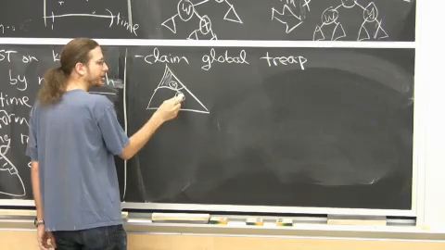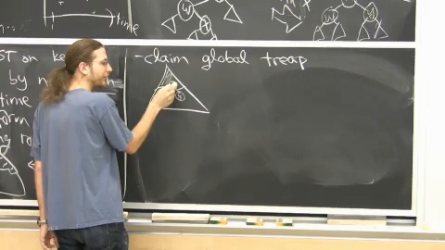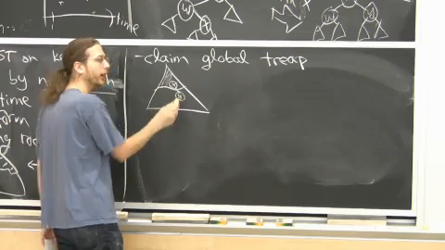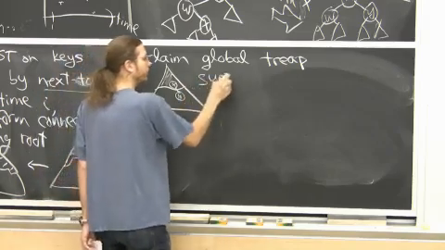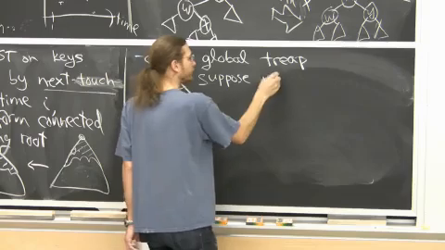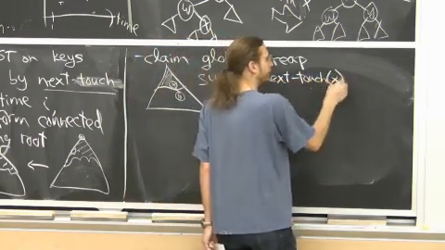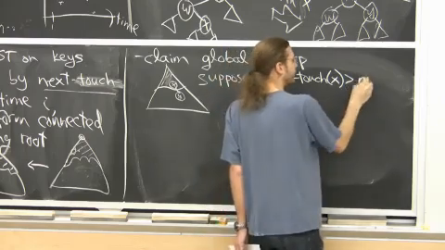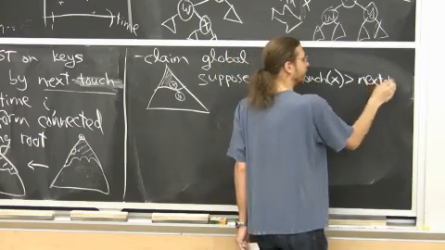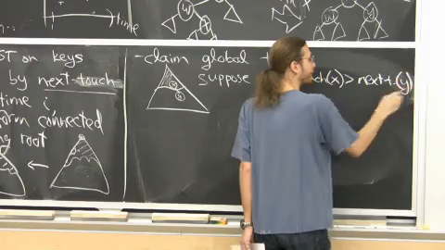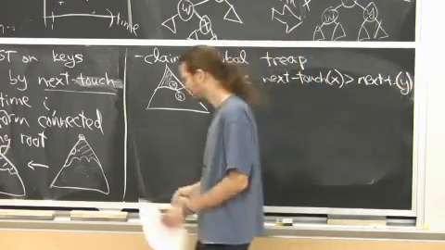The worry would be that the next touch time of x is greater than the next touch time of y. So suppose next touch of x is greater than next touch of y. This would be a problem, because then you would not be a heap.